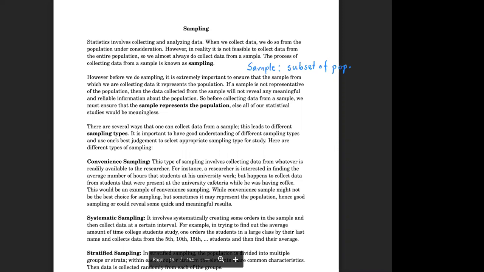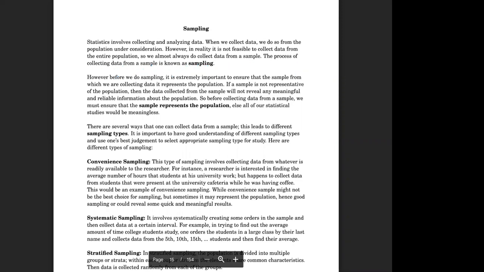Now, when you're sampling, as I said before, the most important thing you need to remember is this: the sample must represent the population. Otherwise, the study that you're doing is going to be pretty much meaningless if your sample does not represent the population.